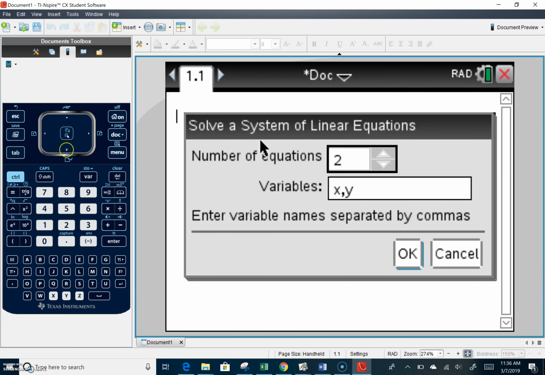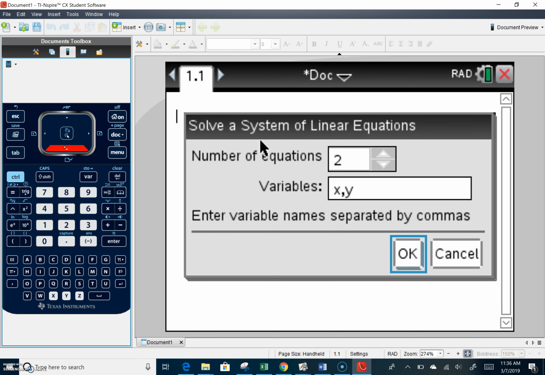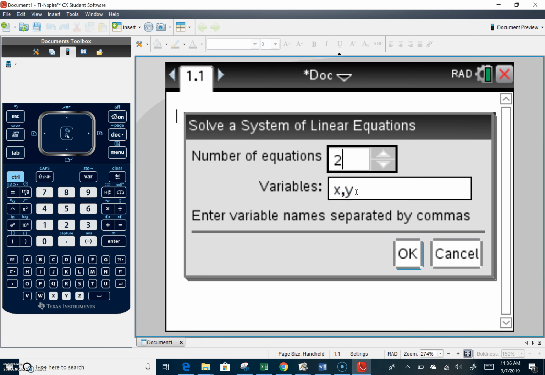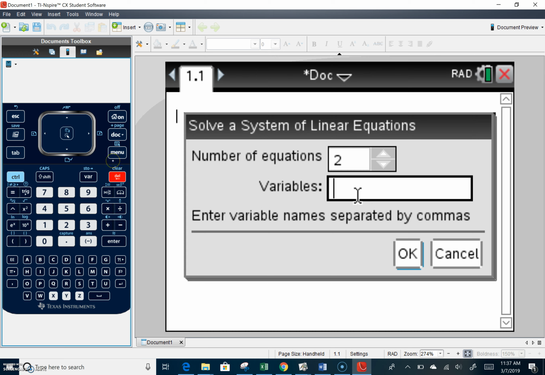We have 2. My letters are not X and Y. My letters are Q, comma, G.